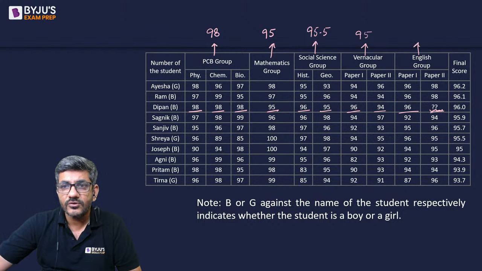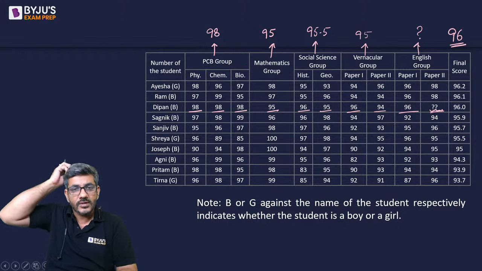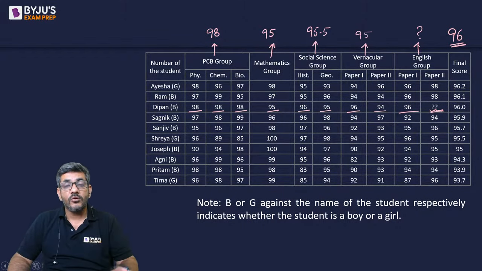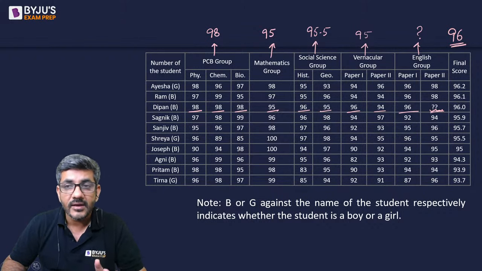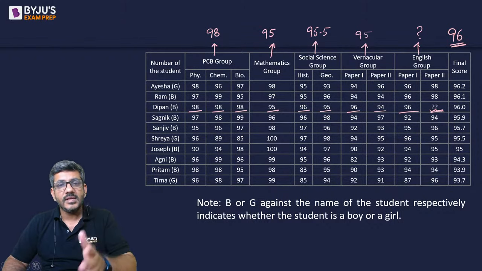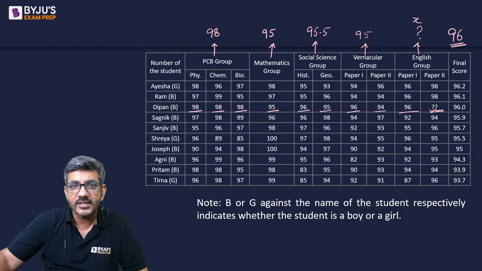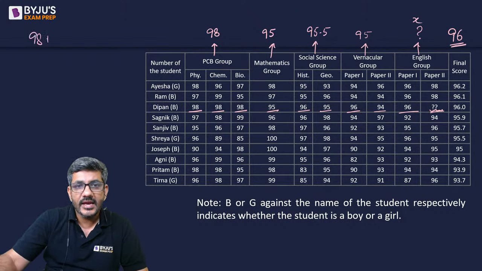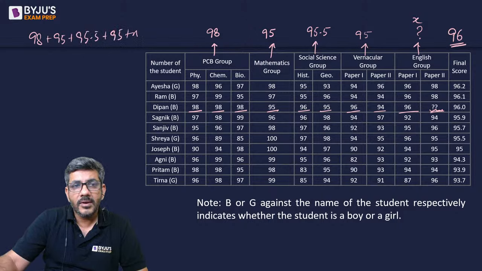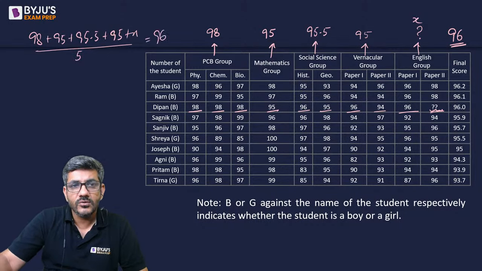Currently we do not know this, but his final score is 96. And he has already told you what he means by final score. It is the simple average of all the group scores. So let us say this score is X. So I can say 98 plus 95 plus 95.5 plus 95 plus X, this whole divided by 5 is equal to 96.